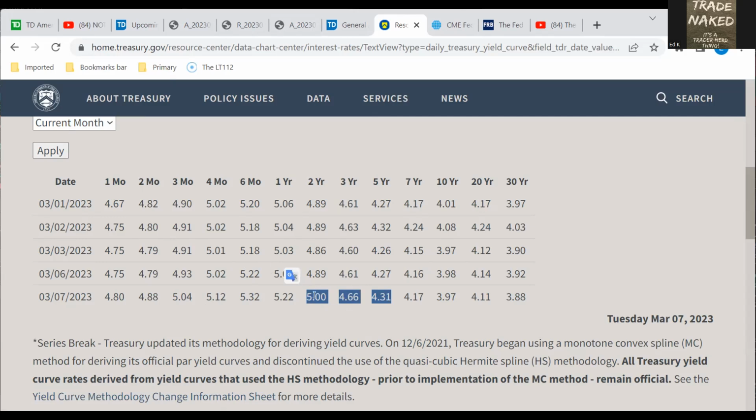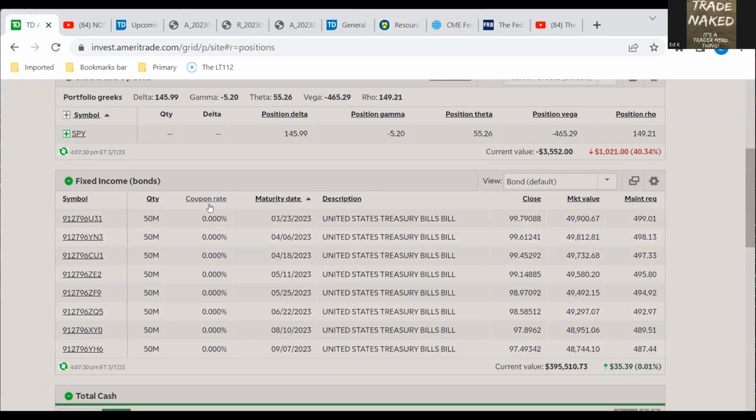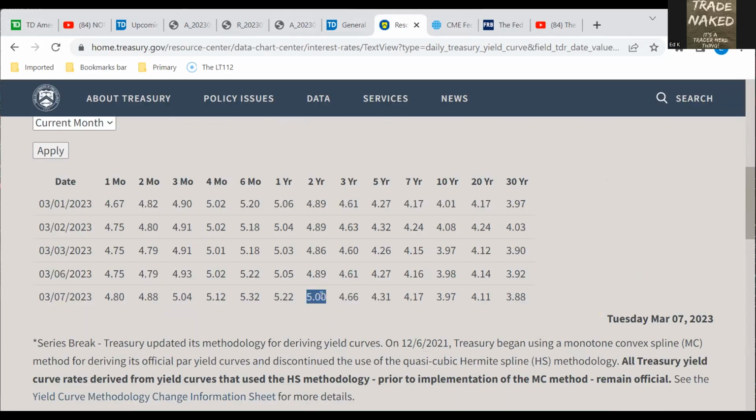If I get 6% on a 2 year, I'm making up a number. I don't know what my magic number is, but I'm guessing if this rate hits 6%, I'm probably going to take a piece of this big old chunk. I might take 100 or 150,000 of it and put it in a 2 year.